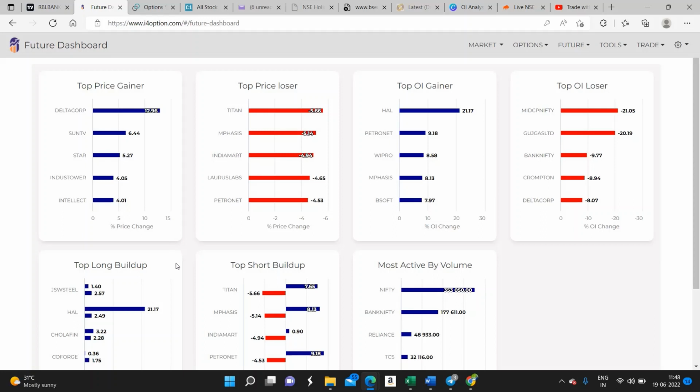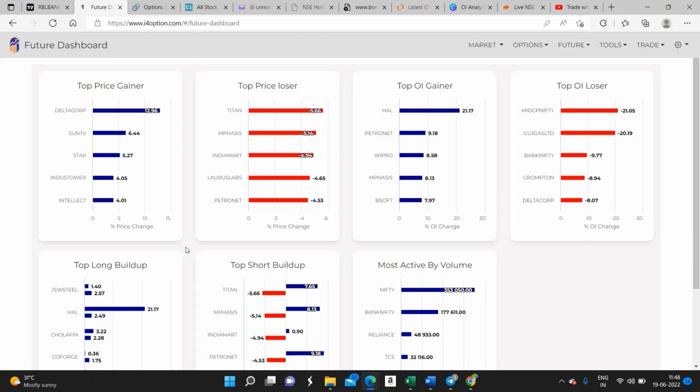If you want to go long, this will help you while checking the price and also the long buildup. And if you want to short the market, you can check the top price losers and also the top short buildups.